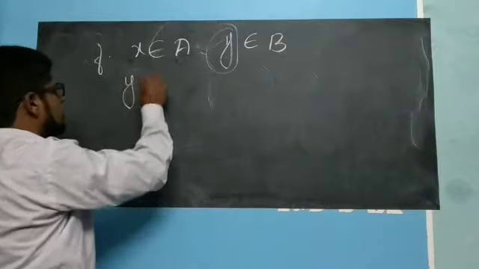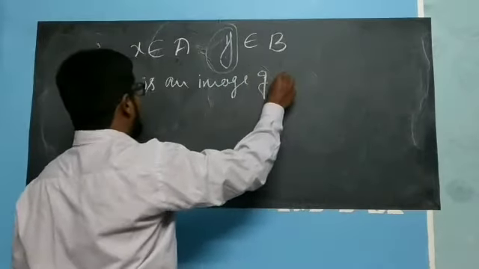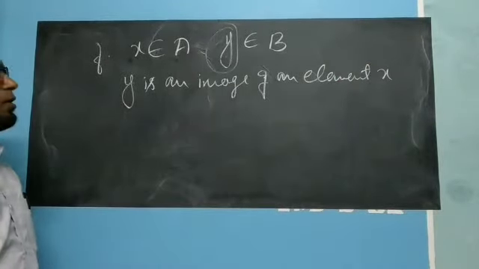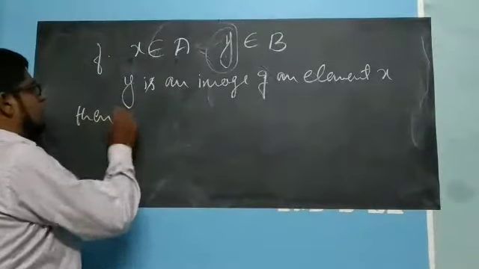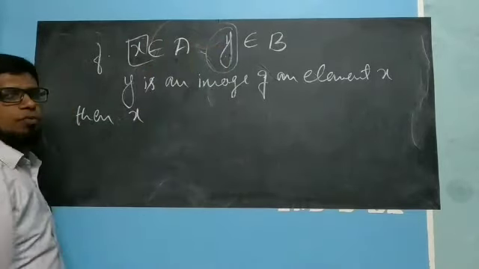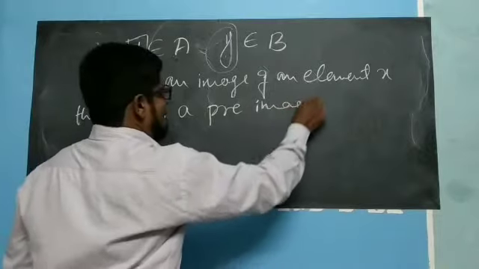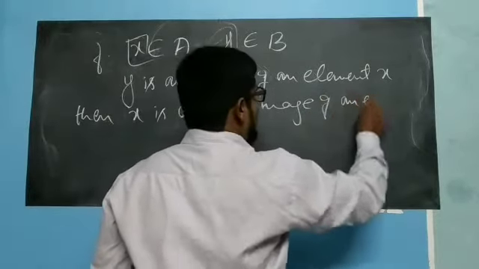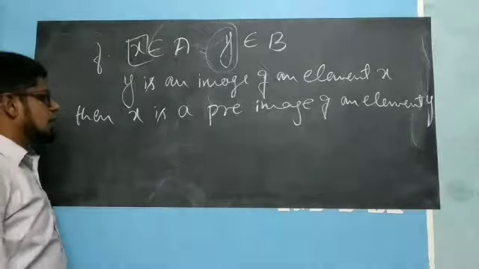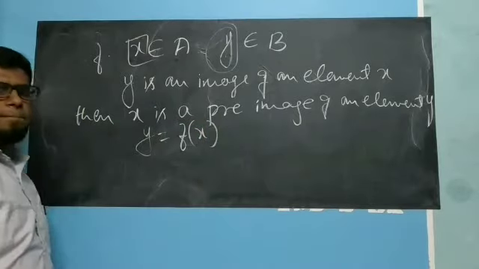Here Y is an image of an element X. Then X will be a pre-image of element Y. Then X is a pre-image of an element Y. And this can be written as Y is equal to f of x mathematically.